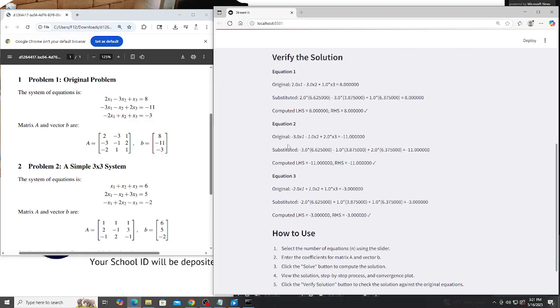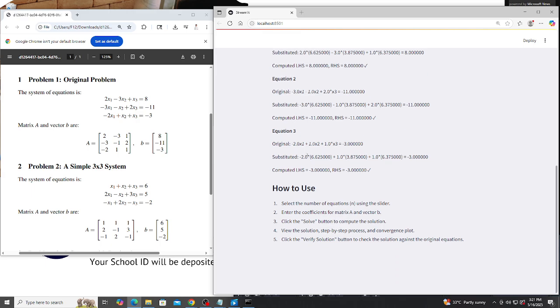In the second equation, we also substitute the final vector numbers and multiply them with the original second row equation: -3, 1, and 2. It equals -11, so it's checked. And in equation 3, it's -3 and -3.